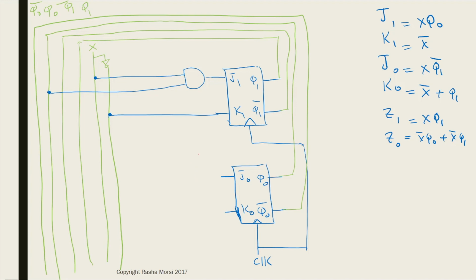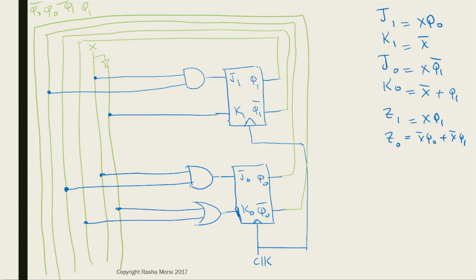Again, it's an AND gate, so we're going to draw an AND gate right here. And then the inputs to that are X and Q1 bar. K0 is a bit different. It's an OR gate because it's X bar or Q1. So we draw an OR gate and we take one input to X bar and the other input to Q1.